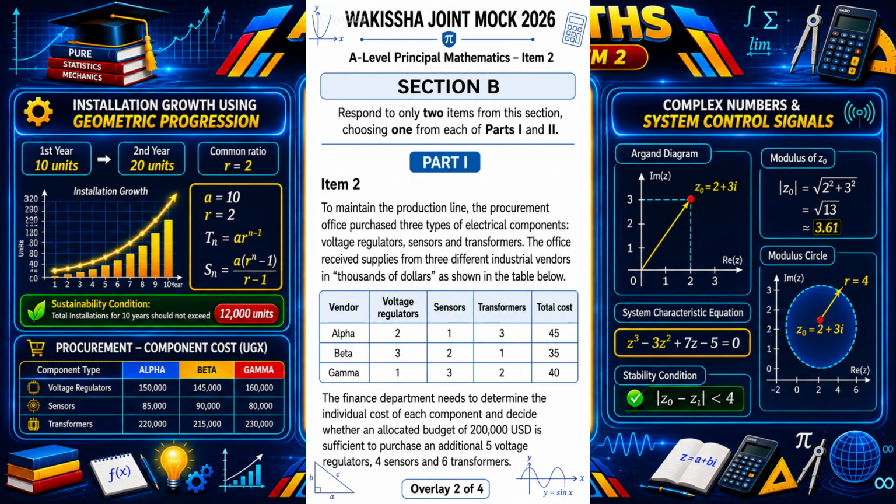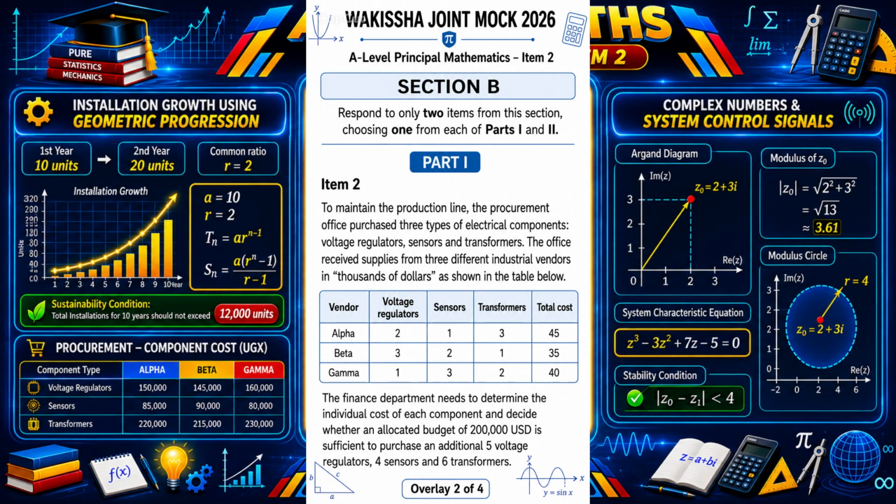if the budget is sufficient, if they bought 5 voltage regulators, 4 sensors, then 6 transformers. They want to see if the 200 US dollars are sufficient.